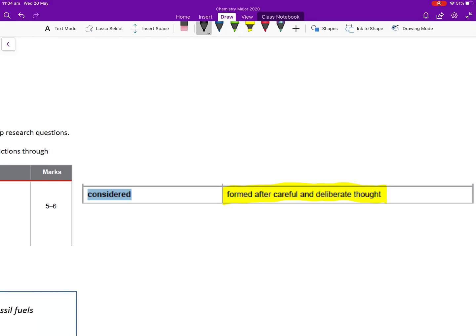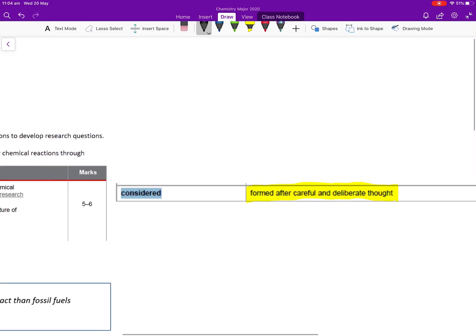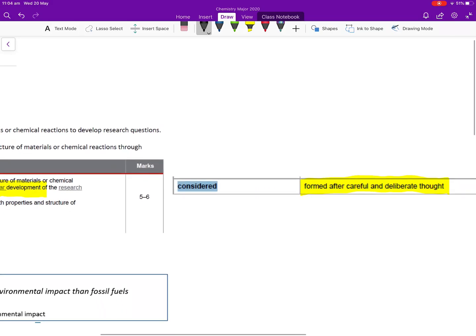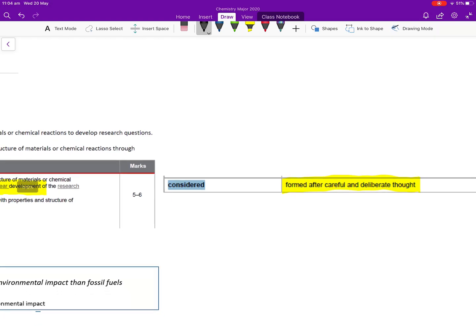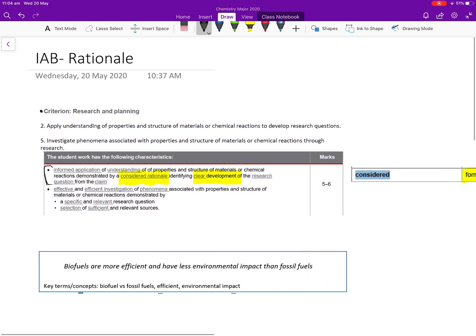So that just means that your rationale is considered and you've gone through this process of thinking about and developing your research question. So if you've gone through that planning process and you've filled out your planner, well, you've definitely considered, you've formed after careful and deliberate thought. You haven't just randomly come up with something.